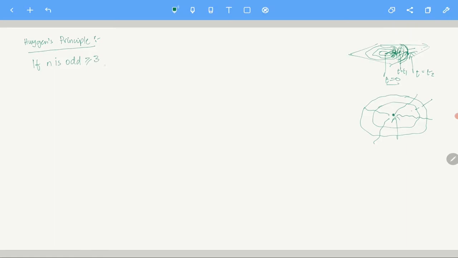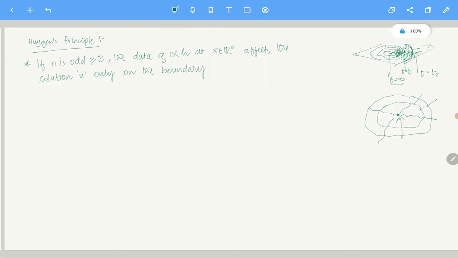The data g and h, mathematically speaking, at a particular point x in R^n, affects the solution u only on the boundary, clear?